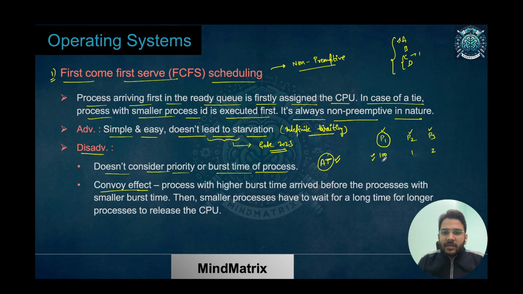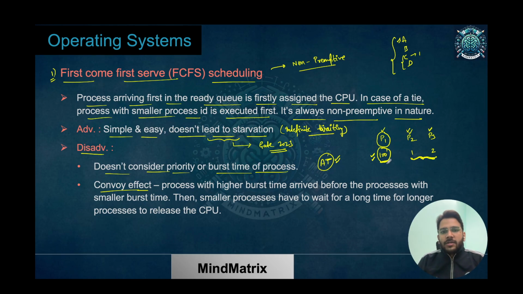Now as you can see, the burst time of P1 is very high as compared to the burst time of P2 and P3. So due to this, the shorter jobs, the processes which have smaller burst time, have to wait till the completion of P1. It is going to execute for 100 units of time, and then P2 will get the chance to execute, and then P3.